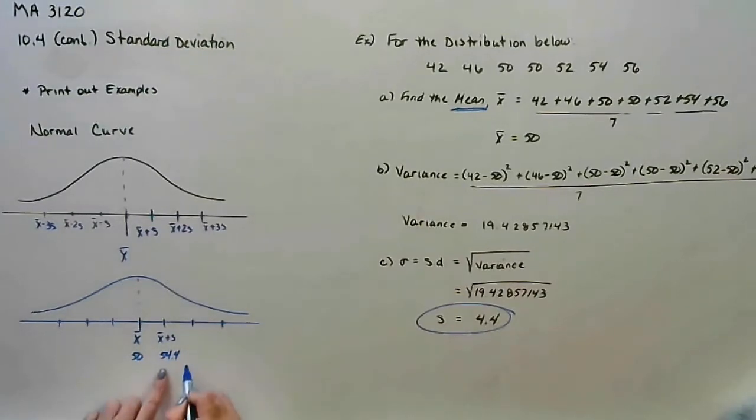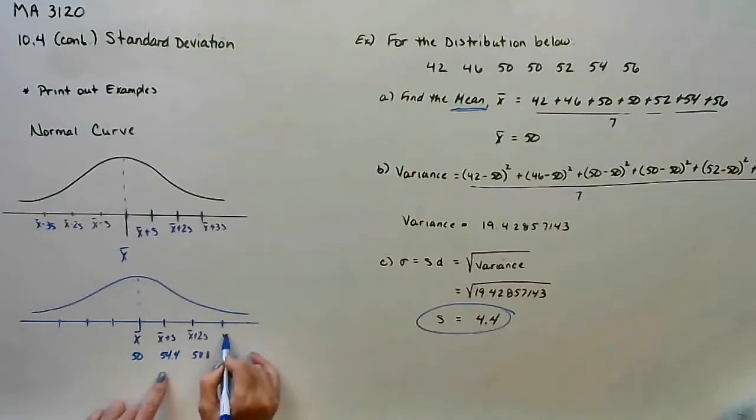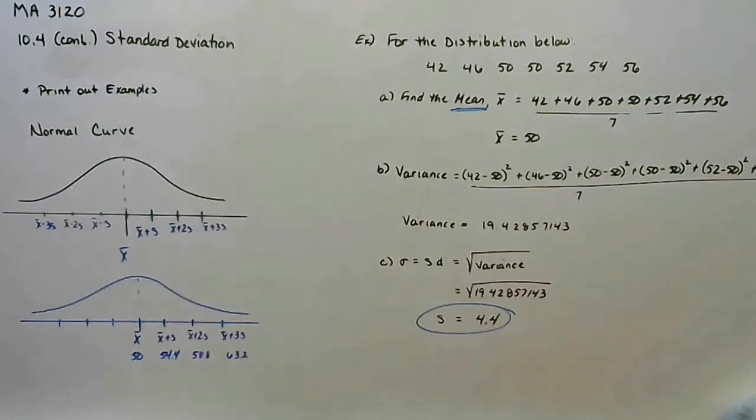Now I'm going to add 4.4 again. That's the same as adding 2 standard deviations. So that gives me 58.8. Then I'm going to add another standard deviation, which should give me 63.2. Same thing the other way.